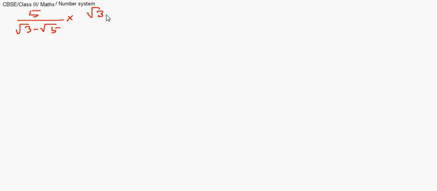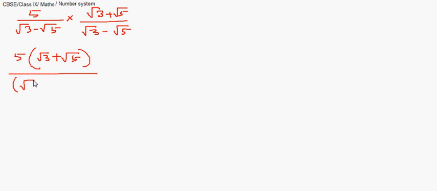So I multiply by root 3 plus root 2, and in the numerator I get 5 multiplied by root 3 plus root 2. In the denominator it becomes root 3 whole square minus root 2 whole square.